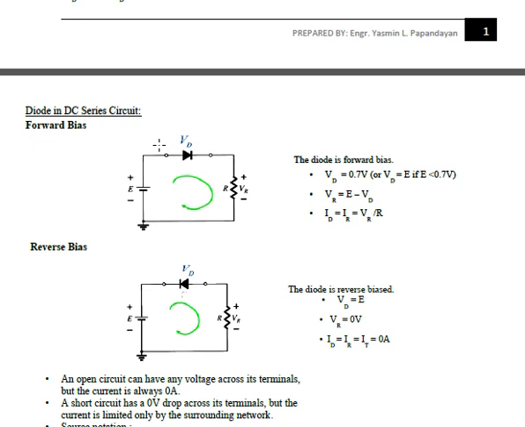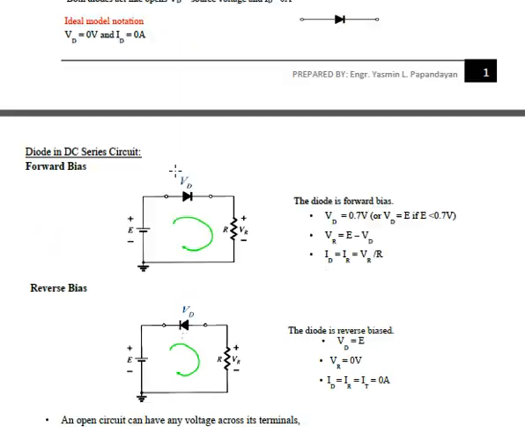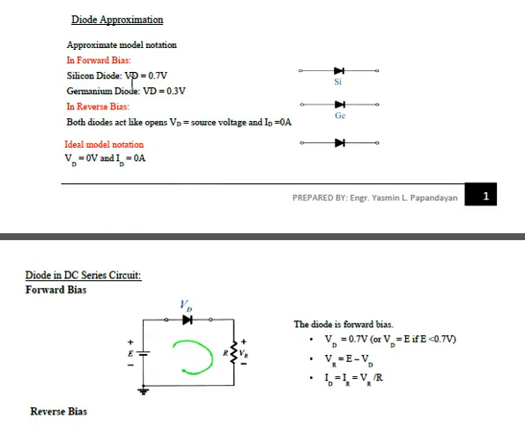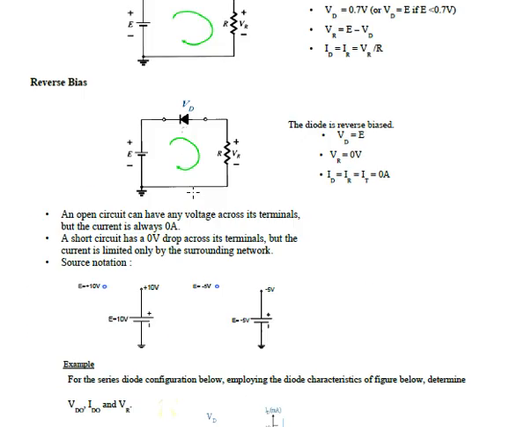So ang ideal model ng ating diode is short circuited. So ibig sabihin the current is maximum and the voltage is approximately equal to 0. Okay? Or in the silicon diode, that is equal to 0.7, and in germanium that is equal to 0.3 volts. Okay?